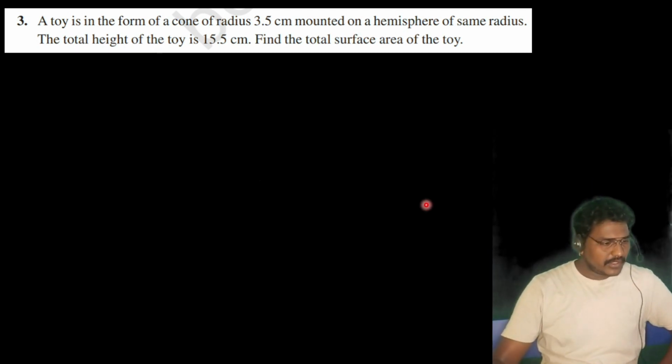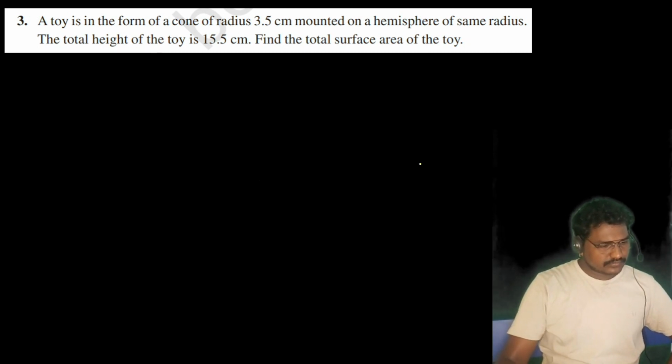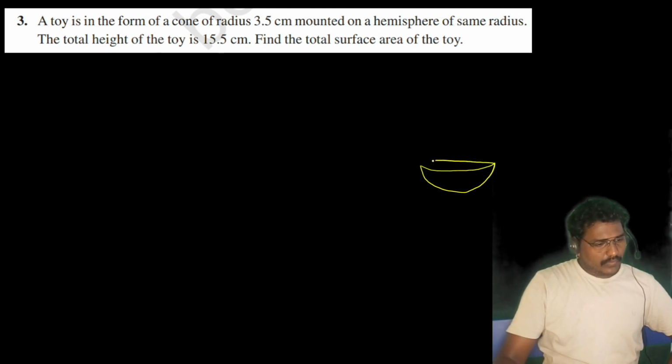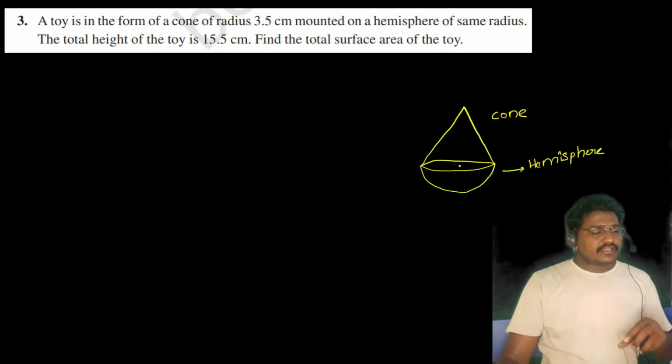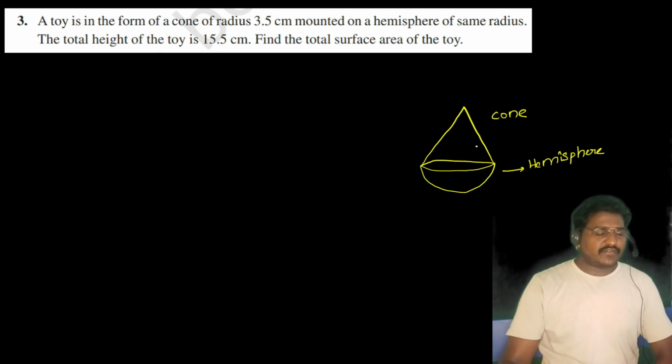Now, let me draw the diagram first. Okay, now this is our cone and this is our hemisphere. A toy is in the form of a cone mounted on a hemisphere of radius 3.5 centimeter for both.